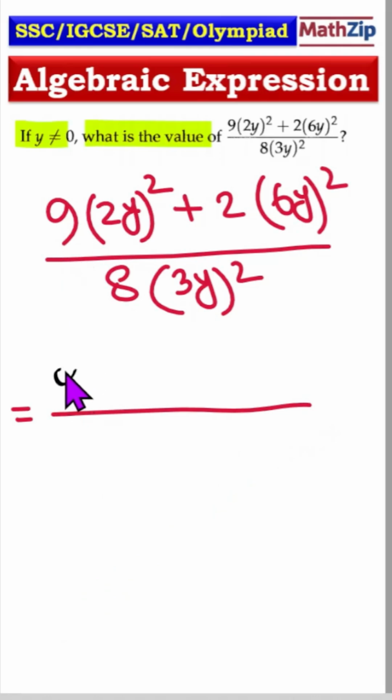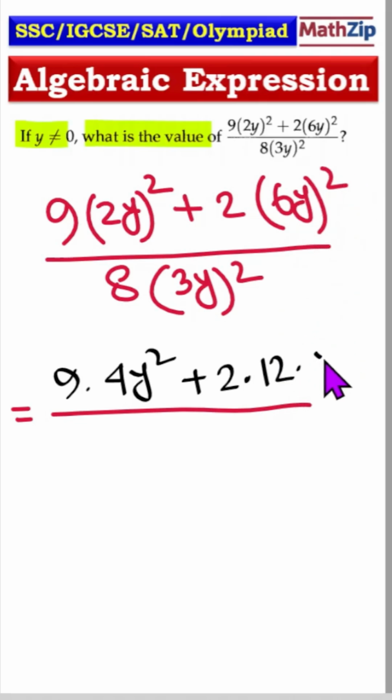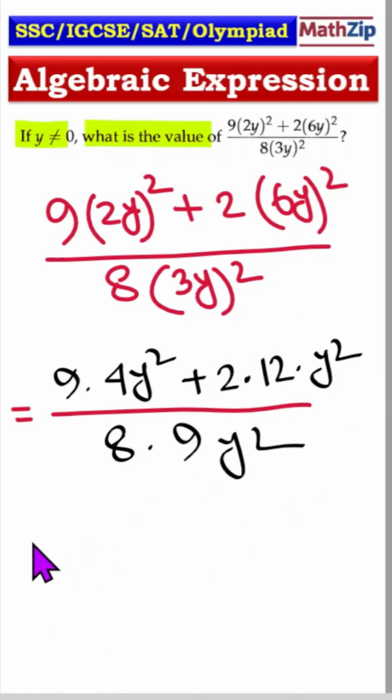So first 9 times 2 square, it means 4, y square, it's y square, plus 2 times 6 square means 12 times y square, divided by 8 times 3 square means 9 and y square.